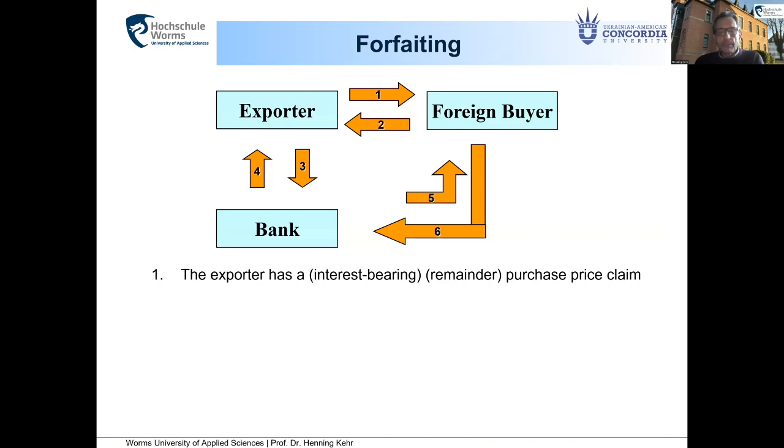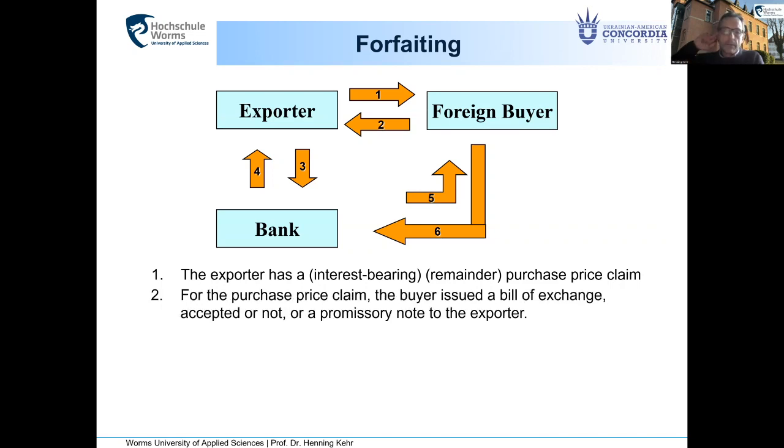So in a first step, look for the arrow with the 1. The exporter has some receivables because of sending goods or selling goods to the importer. Then he has some claims or receivables that can be supported by a promissory note. That is something similar to a bill of exchange.